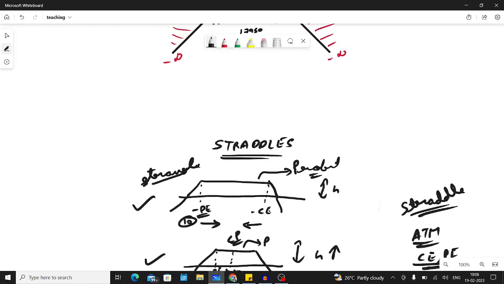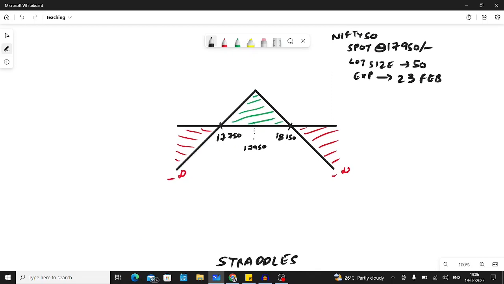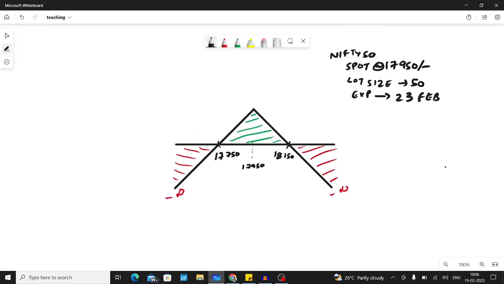Now let's see how exactly this straddle is different from a strangle. So let's take an example of Nifty 50, which is trading at 17,950 now, and the lot size is 50, and the expiry is on 23rd of February.